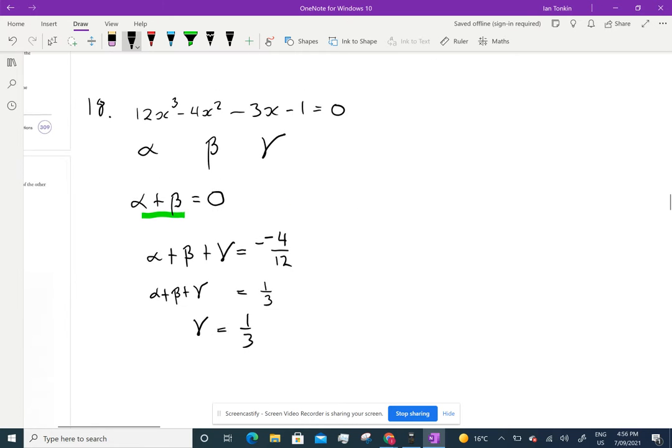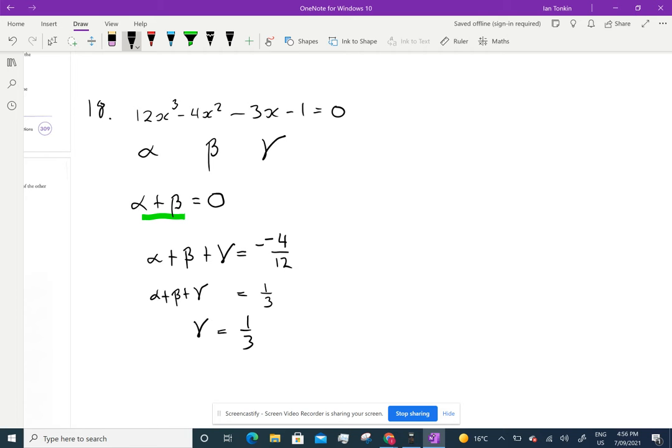Well, let's use the other bit of the equation. Sum of the roots 2 at a time. Alpha beta plus alpha gamma plus beta gamma equals c on a. So that's minus 3 on 12, which is a quarter.